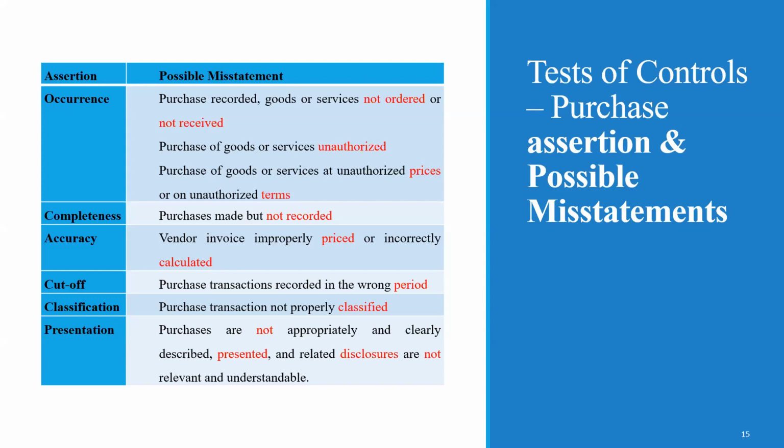Fourth, you should also look at the cutoff test results, because cutoff is in relation to both occurrence and completeness assertions. And if we are looking at the completeness of cash disbursement, you should also follow up the daily cash posting and the monthly bank reconciliation procedures. Okay?